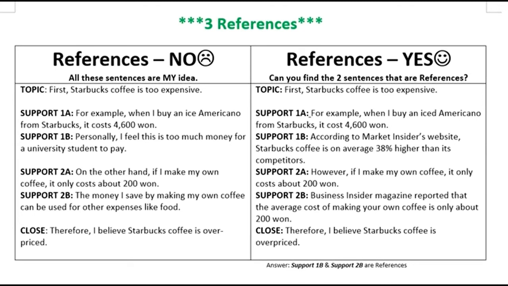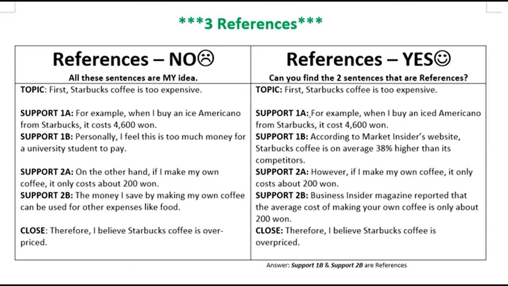According to Market Insider's website, Starbucks coffee is on average 38% higher than its competitors. However, if I make my own coffee, it only costs about 201. Business Insider magazine reported that the average cost of making your own coffee is only about 201. Therefore, I believe Starbucks coffee is overpriced.